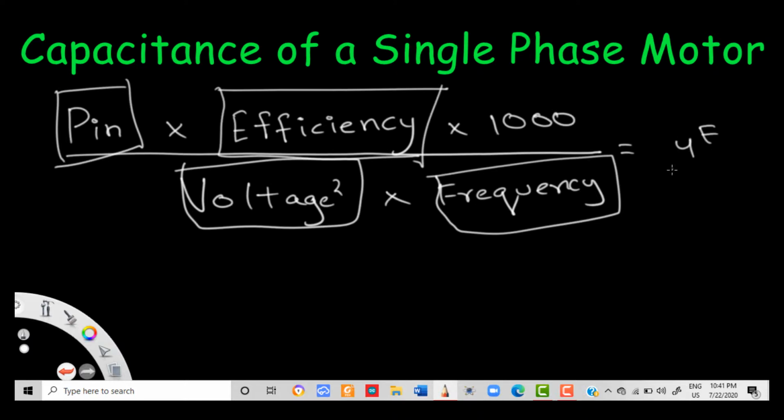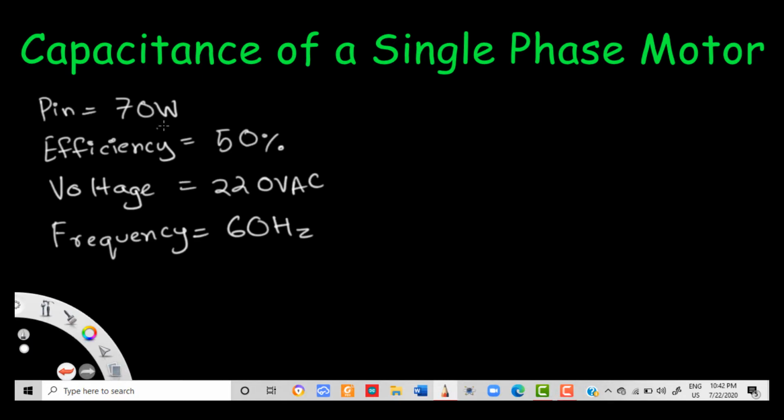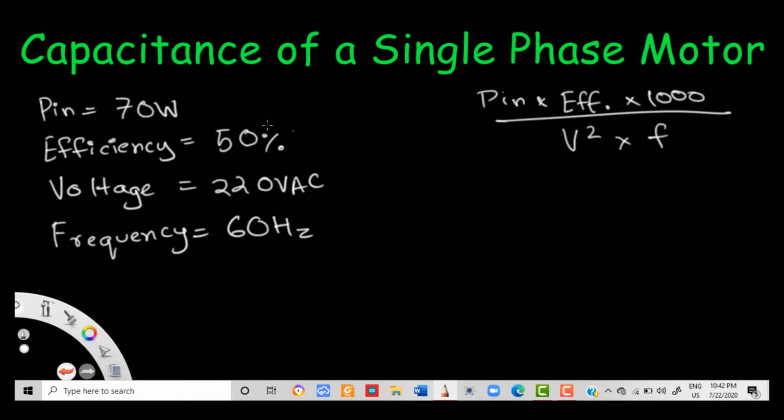Okay, so let's take an example motor, and then we will find out the value. Here I have given the required values, and let me write down the formula. All we need to do is plug these values into this formula.